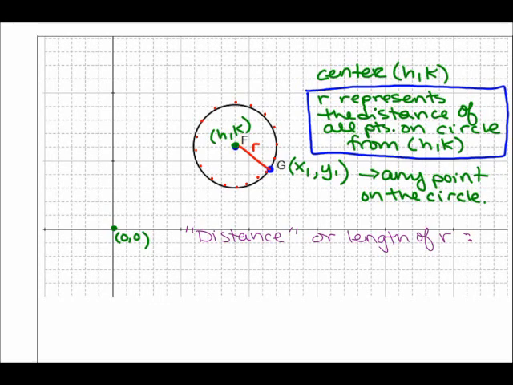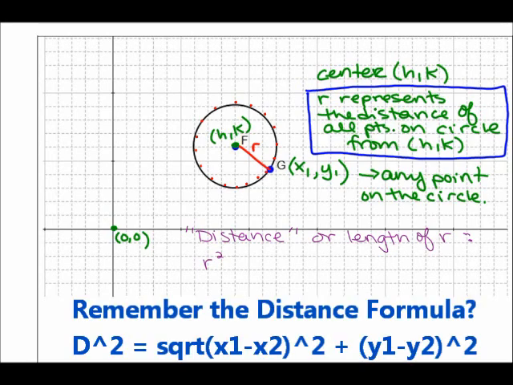Well, distance formula, that is just going to be r squared. So our distance squared, or our radius squared, is equal to the change in our x-coordinates. So the change in our x-coordinates is you're starting out here at G, you're measuring to the center point. So we have x1 minus h, quantity squared, plus, now we need to do the same thing with our y's.